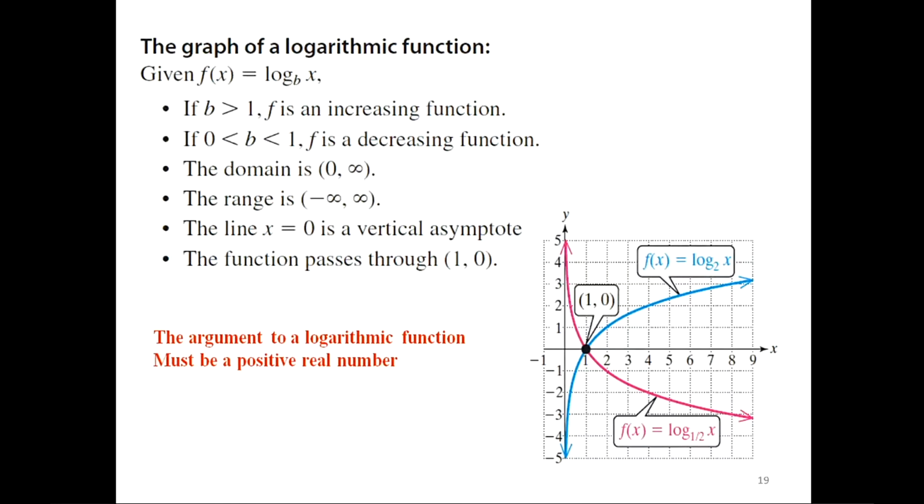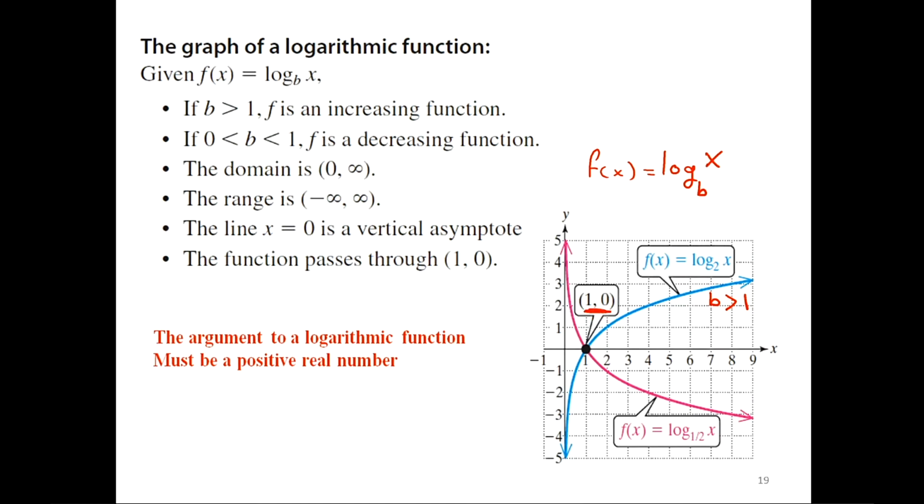The graph of the logarithm depends on the value of the base. So we have two graphs. We have increasing, if b is greater than 1. If we have f of x equal to logarithm x to base b, and b, for example, 2 or 3, is greater than 1, this is increasing, and passes through 1, 0.